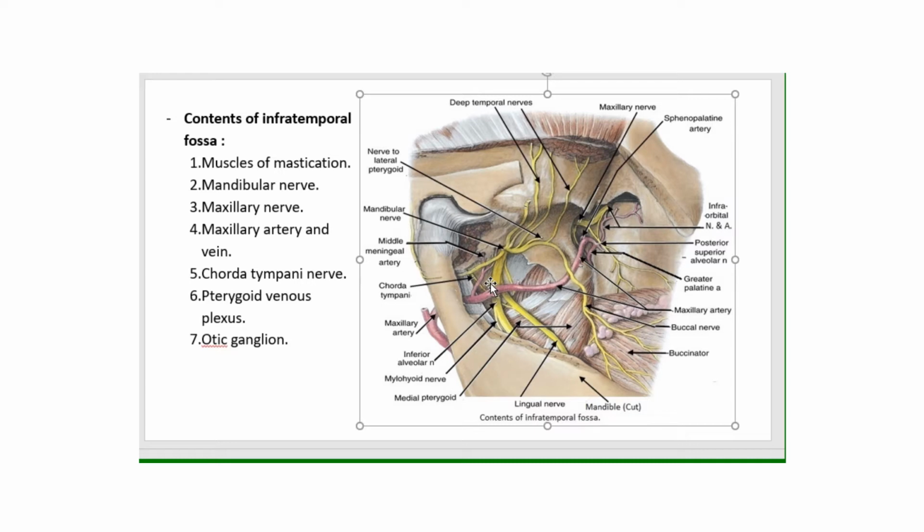The maxillary nerve is present in the infratemporal fossa only as a very small part. Here is the maxillary nerve. This is the pterygopalatine fossa. Sometimes it returns back to the anterior part of the infratemporal fossa, then enters the inferior orbital fissure to complete its course.